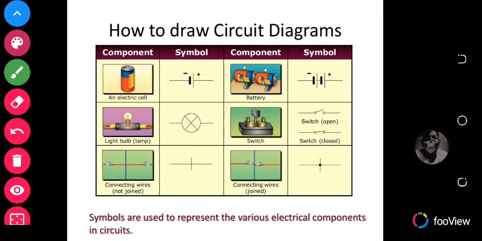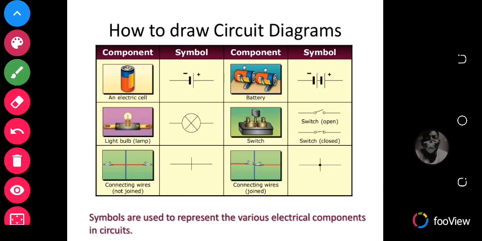So let's look at how to draw circuit diagrams. For every electrical circuit, it's necessary that you are able to represent it in diagram form, because you cannot draw batteries and bulbs in your books.